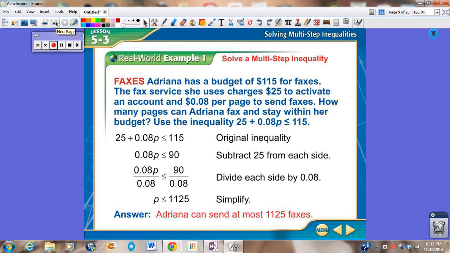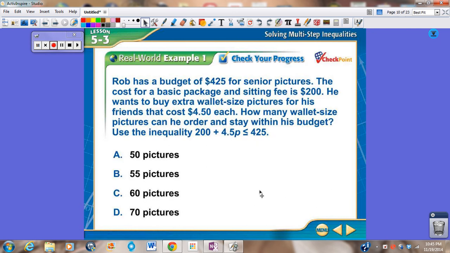Again, feel free to play this through or ask questions when you talk to me in class. Okay? So now here's one for you to do. Notice again, they're giving you the inequality, so all you're doing is solving it. So Rob has a budget of $425 for senior pictures. The cost for a basic package and sitting fee is $200. He wants to buy extra wallet-sized pictures for his friends that cost $4.50 each.